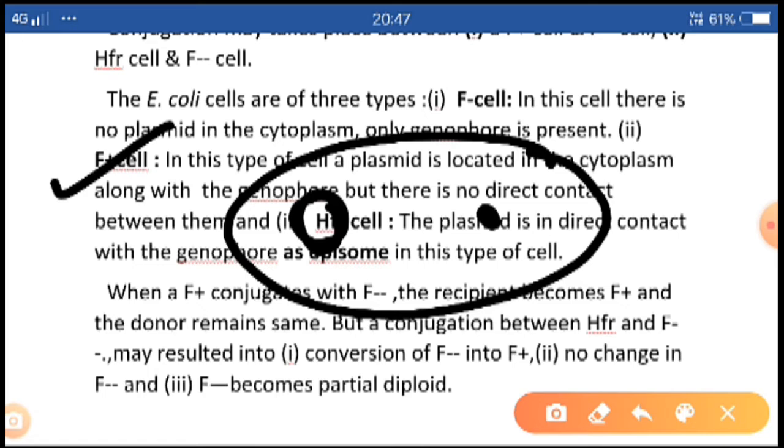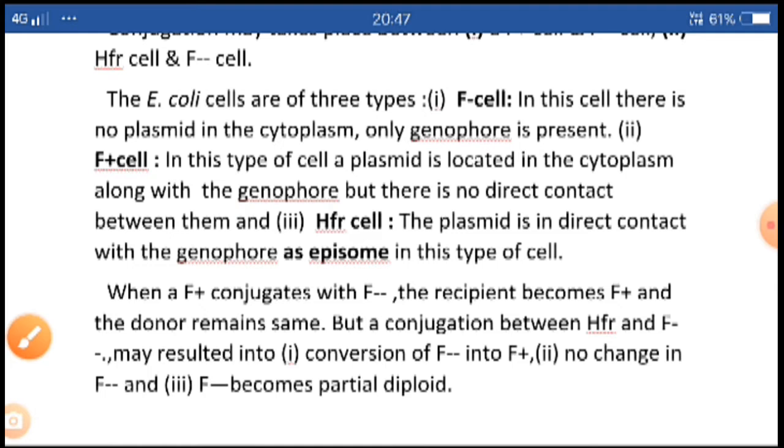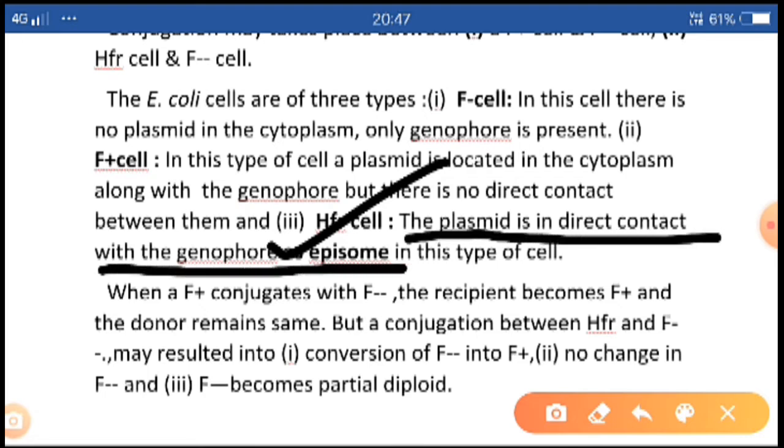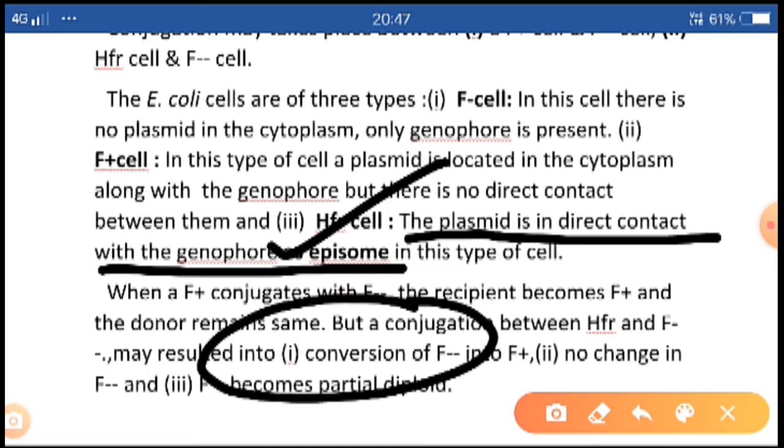In an HFR cell, the plasmid is in direct contact with the genophore as an episome. That is, the genophore and plasmid are attached to each other.